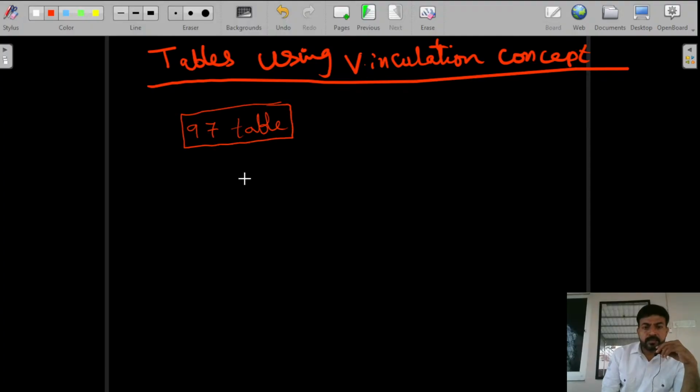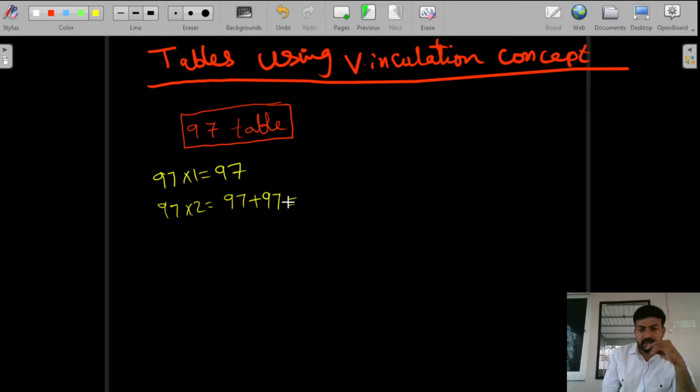so how do you do it generally? Of course it is highly impossible to memorize this 97 table by heart.